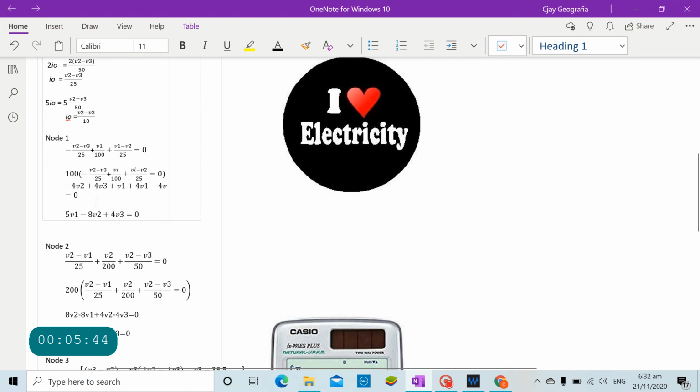So the final answer for node 1 is negative V2 minus 4V2. I forgot to put V2 here, so I'll just put V2 on this side of the equation.